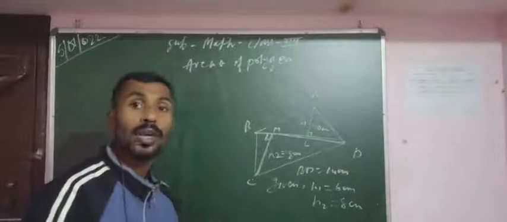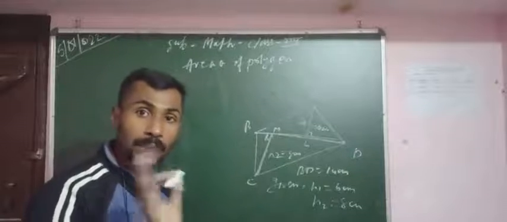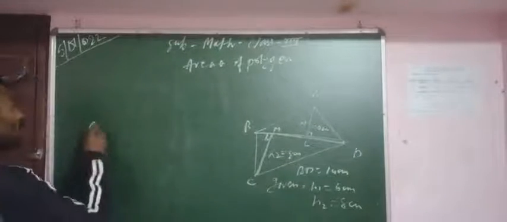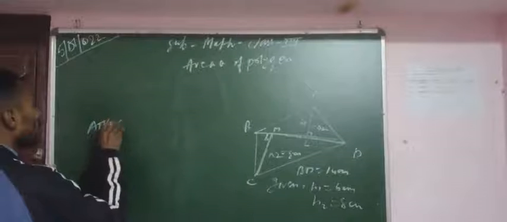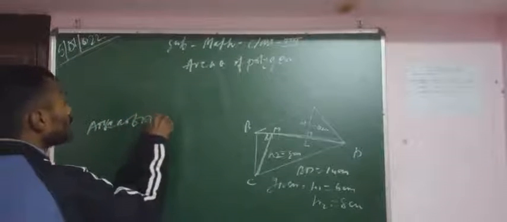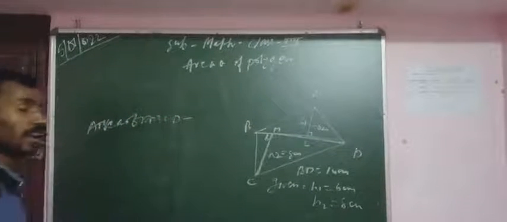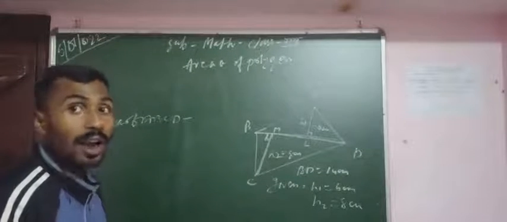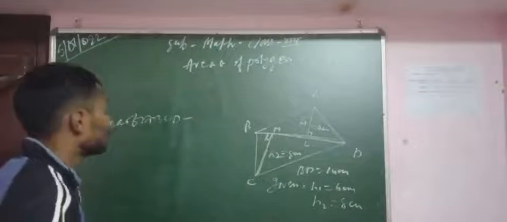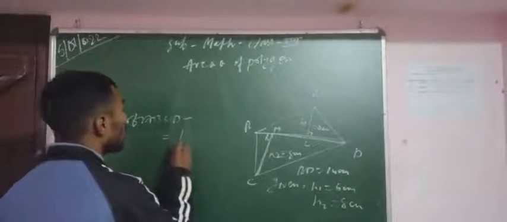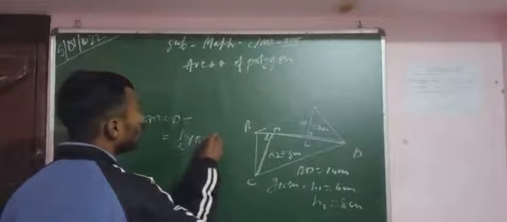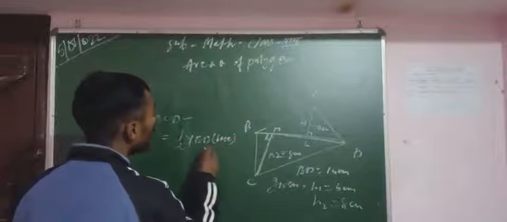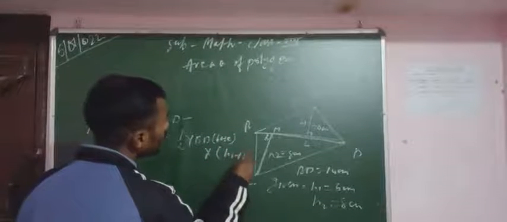Okay, now we have all the required values. So now we use the formula: area of quadrilateral ABCD equals half into BD, obviously BD is the base, into H1 plus H2.